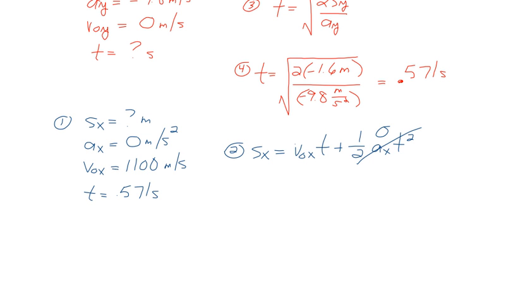Just plugging in the numbers, I'm going right to step 4. SX equals VOX T. Putting those numbers in, that was 1,100 meters per second times 0.571 seconds, and the answer came out to be 628 meters.